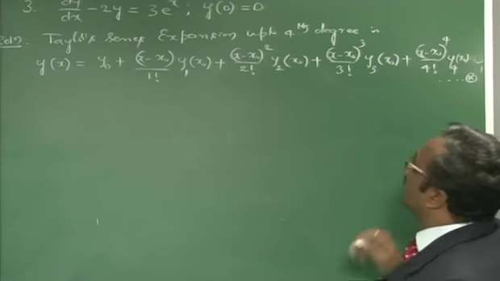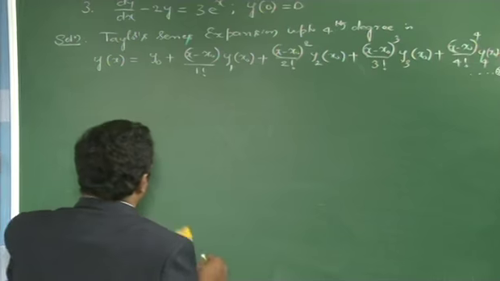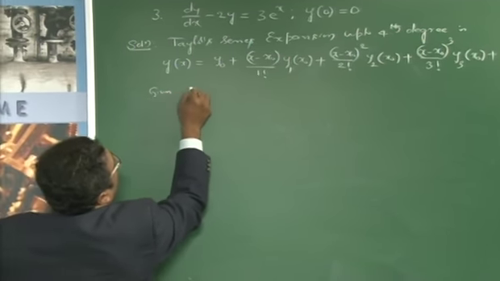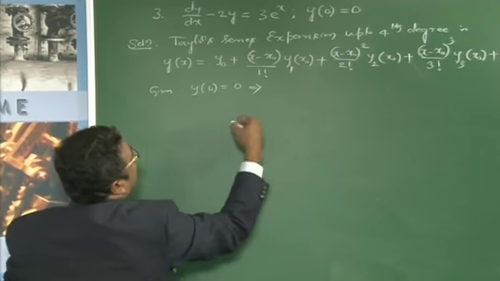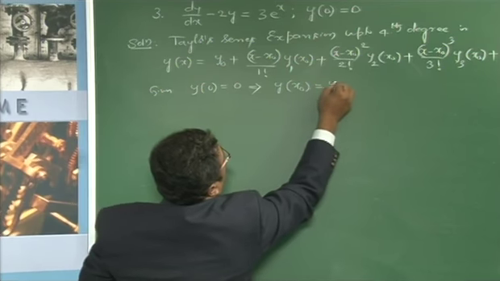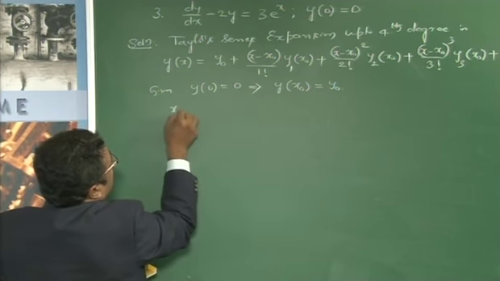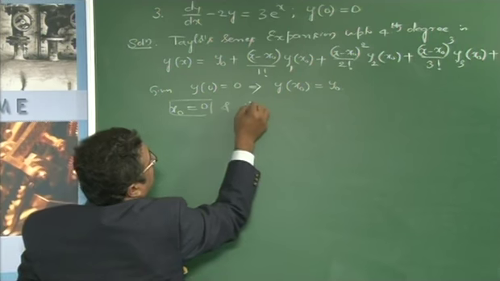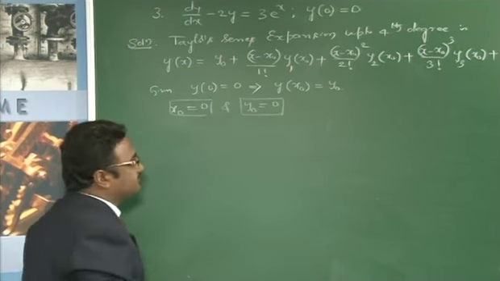Finally you substitute all the values of x naught and corresponding y naught after finding this. The given data y of 0 equal to 0 is compared with y of x naught equal to y naught. Now comparing these two, we get x naught value is 0 and corresponding y naught value is 0.